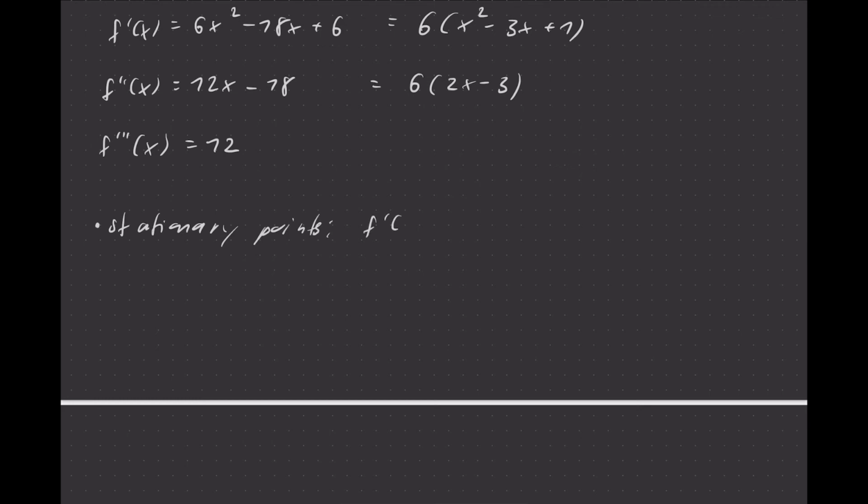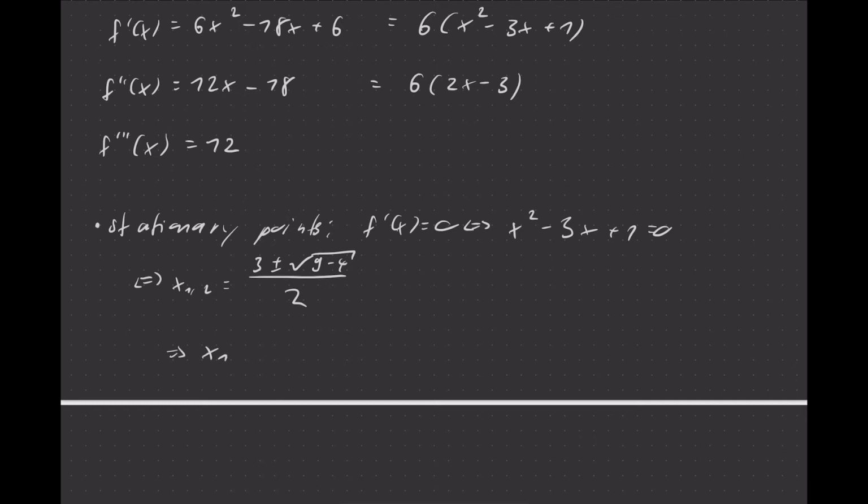Now, f prime of x is 0 if and only if x squared minus 3x plus 1 is 0. And that's the case if and only if, we just use the formula for quadratic equations to solve for this, x1, x2 is 3 plus minus the square root of 9 minus 4 over 2.